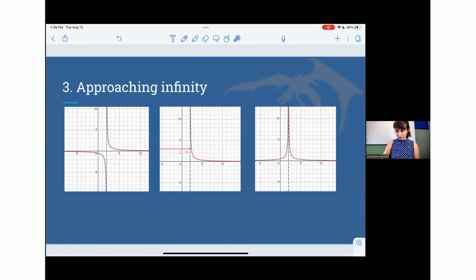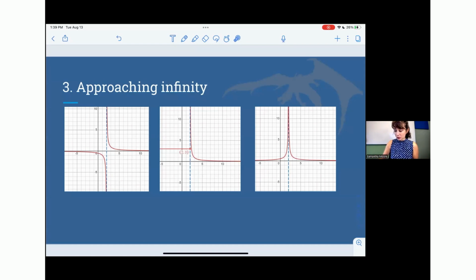In this first picture, if we approach x equals 2 from the right, then we see our y values are going off to positive infinity. On the other hand, if we come from the left, our y values seem to be going to negative infinity. And so because of that, our left and our right-hand sides don't match. So this is going to be a does not exist situation.